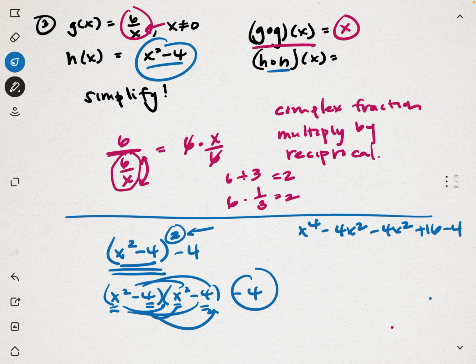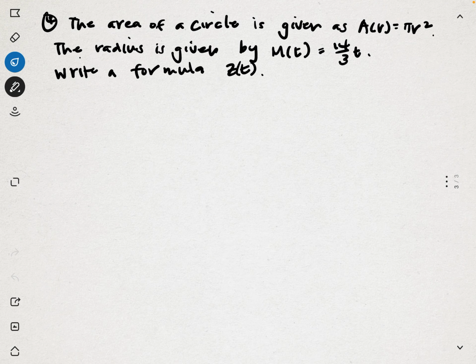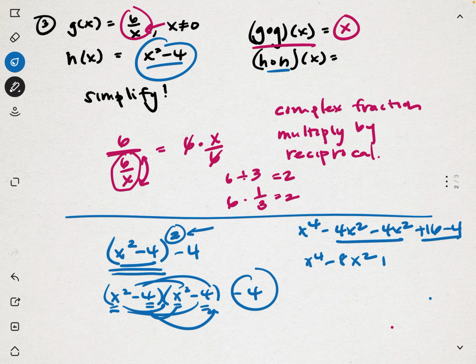Okay, and we're just going to clean it up a little bit. So we got x to the 4th. These are like terms, so negative 4 minus 4 is negative 8x squared. And then 16 minus 4 are like terms as well, so 16 minus 4 is positive 12.